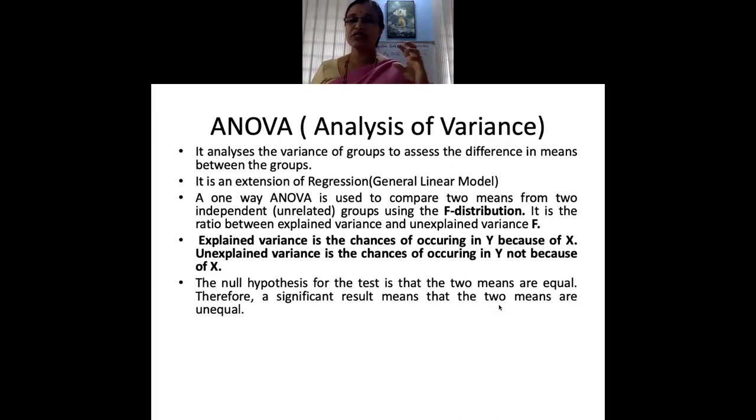Now, I'll give you a very small example. Maybe it will help you to understand what ANOVA is. Let us say we are trying to find out about health practices. Let us say one person does 3 hours of yoga in a day, just as an illustrative example, and he has the best-fit immune system.